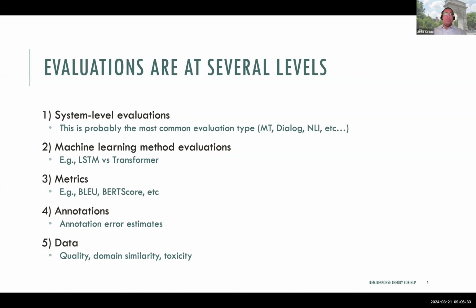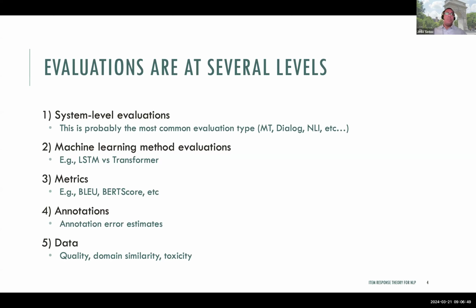Evaluations happen at several levels. We have system level evaluations, which many of you in the room are very aware of.